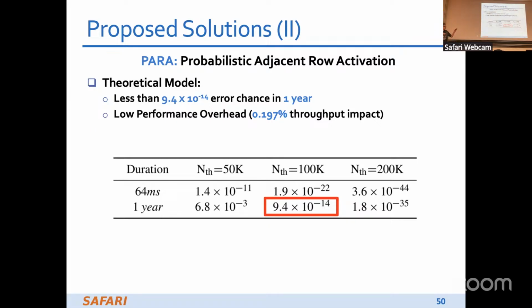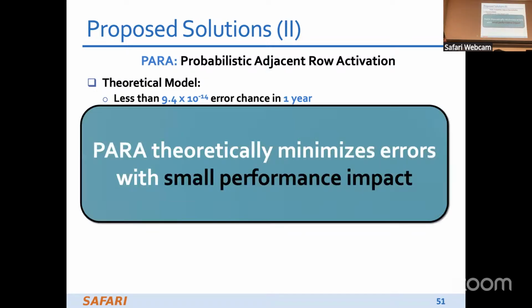And the performance overhead of PARA running was at 0.197%, so significantly lower than the expected performance overhead of these other solutions. PARA thus theoretically minimizes the errors with a very small performance impact, as they have proven in their simulation.